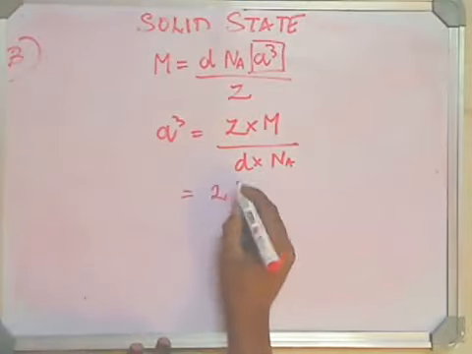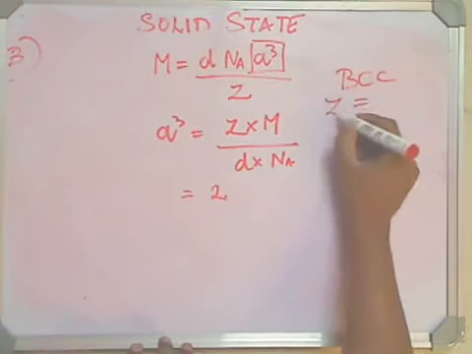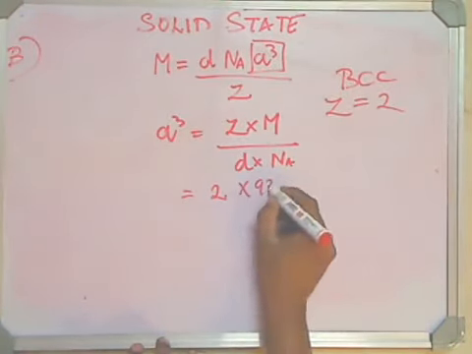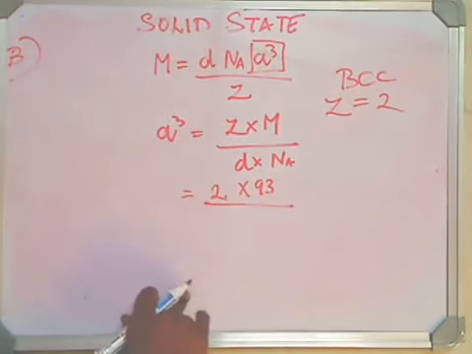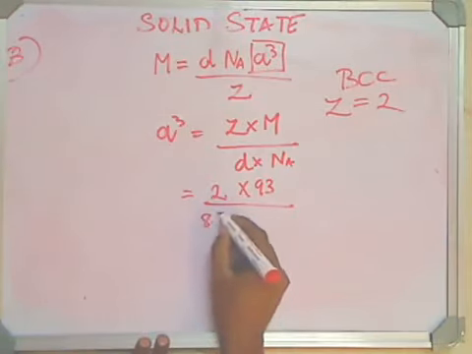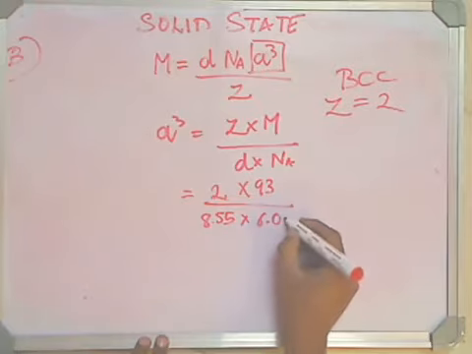Z here is 2 because it's a BCC structure, and for BCC the value of Z would be 2. 2 multiplied by 93, which would be the atomic mass of niobium, divided by the density, which we looked at as 8.55, multiplied by Avogadro's constant.